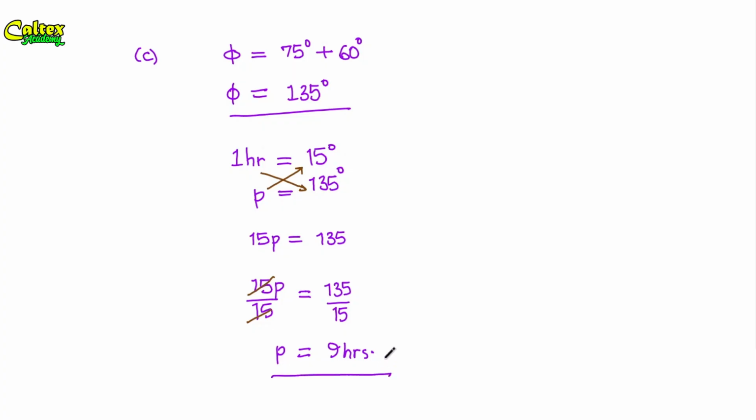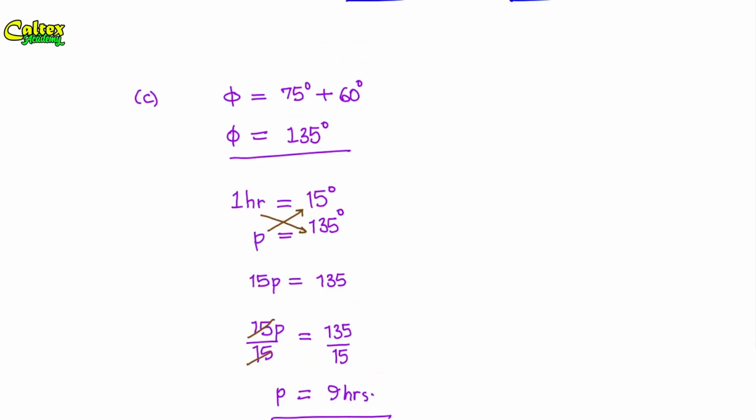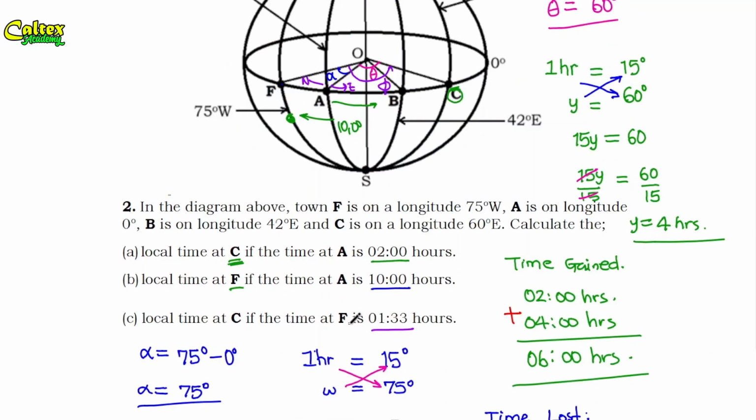Now, the final step is to add the 9 hours to the time given for us here. The reason why we're adding is because the given time is at F. The time at F is 01:33, and we're requested to get the time at C. Since it is in the Eastern, we have to add our 9 hours to the existing time. So let's go ahead and do it.